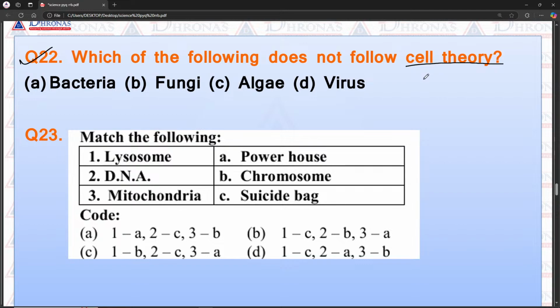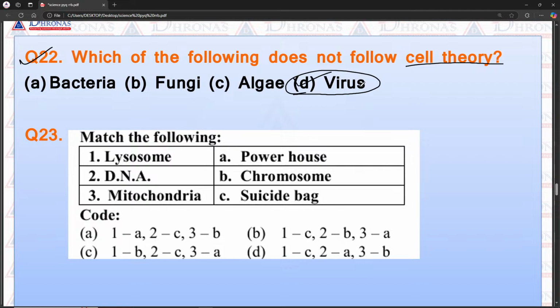Cell always comes from or develops from a pre-existing cell. So इनमें से कौन से ऑप्शन सेल थ्योरी को फॉलो नहीं करते? ऑप्शन ए बैक्टीरिया, ऑप्शन बी फंगाई, ऑप्शन सी एल्गी, ऑप्शन डी वायरस. The answer is: cell theory is not followed by virus.